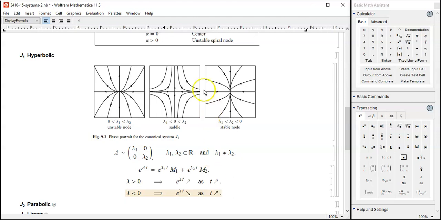So in the x direction, merging into the origin, because e to the lambda t is getting smaller and smaller towards 0. But in the vertical direction, moving away. So basically we follow these hyperbolic paths, and that's the reason why this circumstance is called hyperbolic.